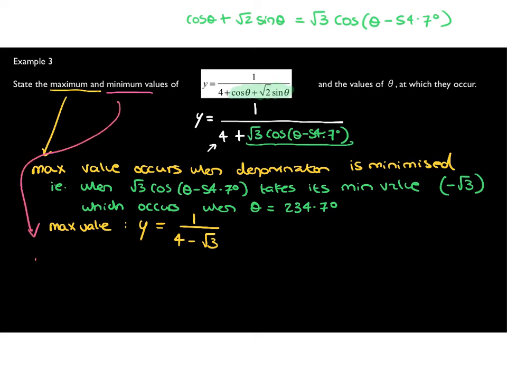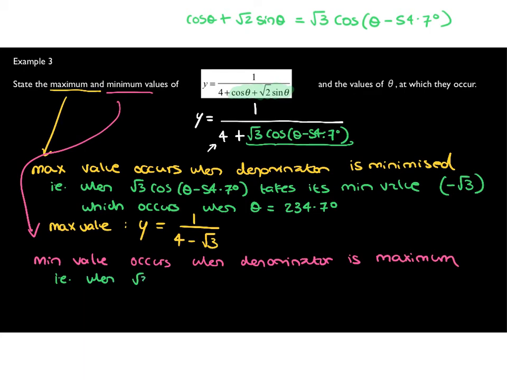Now the minimum value of the overall function occurs when the denominator is maximised. Because when you divide by a larger value, you end up with a smaller result. Now, this occurs when √3 cos(theta minus 54.7 degrees) takes its maximum value. Again, we can't control the size of 4, it's just there, so the only part we can control is the green part.